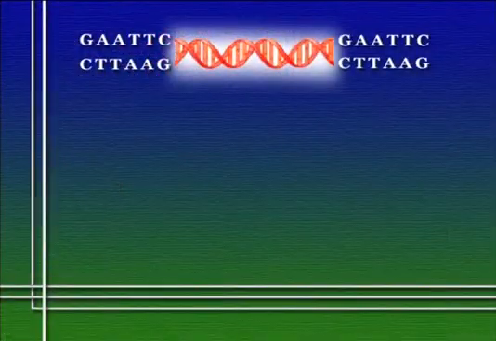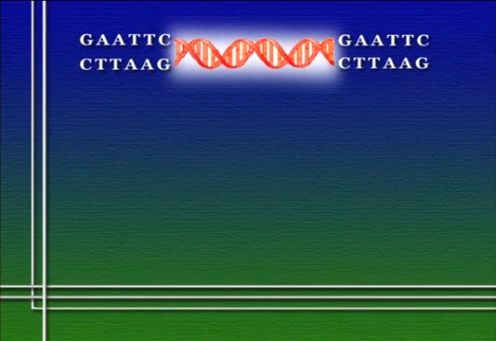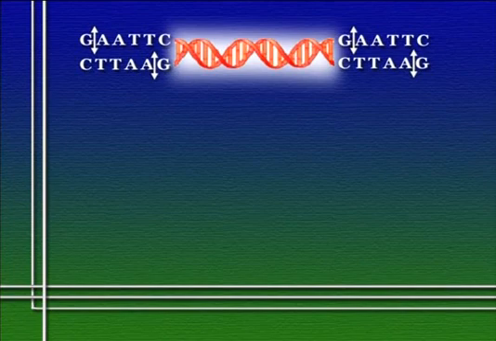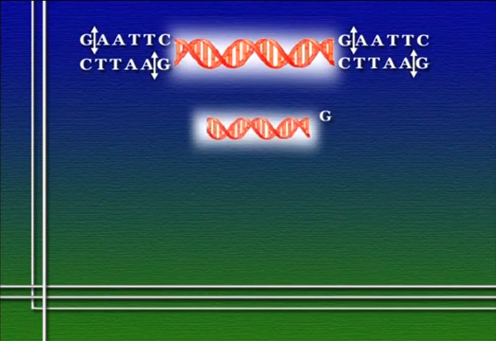Picture in your mind these 2 sequences lined up one on top of each other, which is the way we might draw a flattened version of the DNA double helix. Now, picture cutting each sequence between the G and the A nucleotides. On the top strand, we'll have a single G at the end of the left fragment, and the sequence AATTC on the right side of the cut.